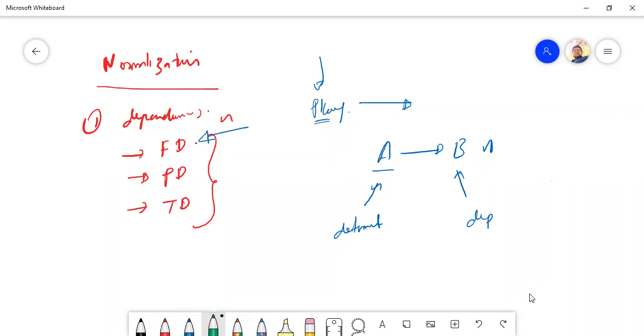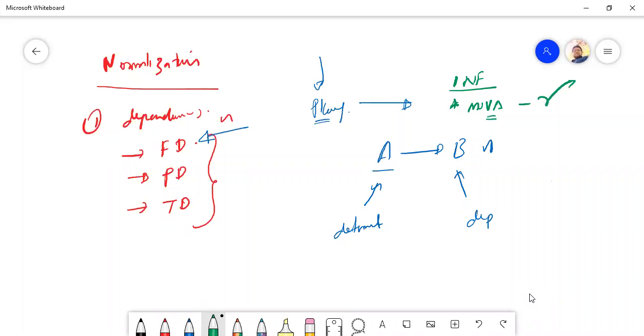If I say a relation is in 1NF, the multi-value attribute must be removed.